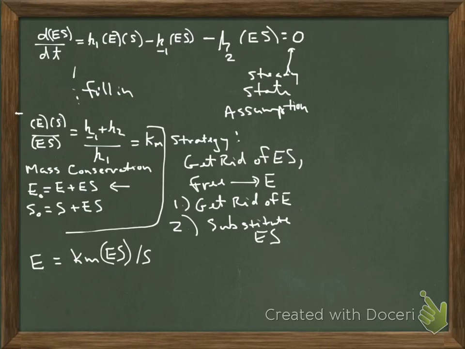And so now I'm going to substitute this into here. That'll give me that E0 is equal to Km ES over S plus ES. And now I can factor out the ES.